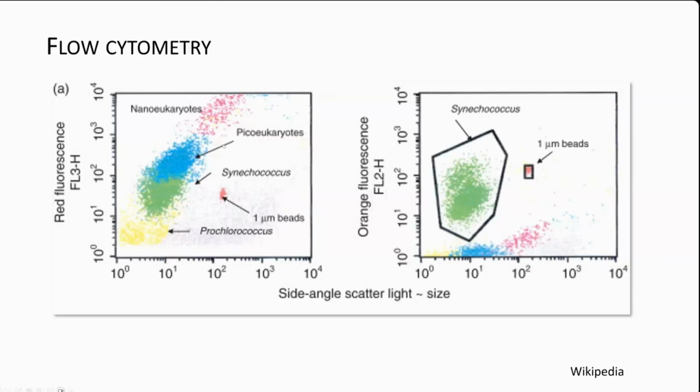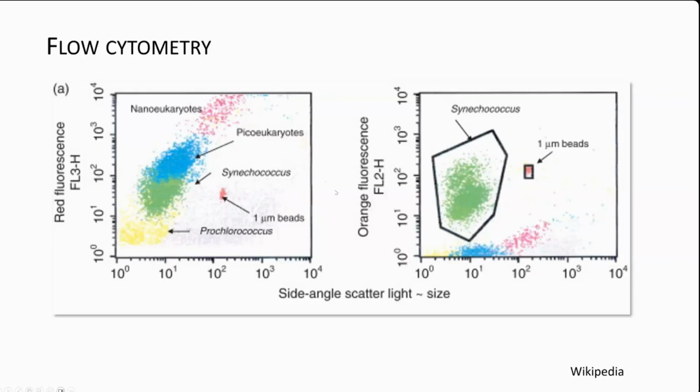And here you can partially start distinguishing, by color coding, different types of phytoplankton that they encountered. You can see Prochlorococcus really teeny tiny, Synechococcus in green, kind of medium, and then picoeukaryotes sitting in blue. So here we can play with the size to discriminate these groups.